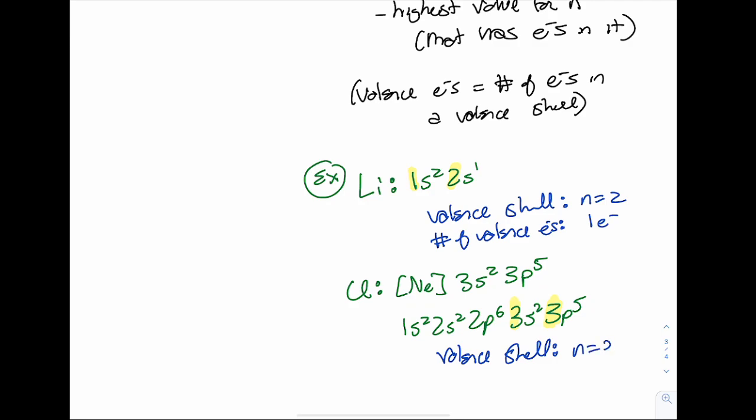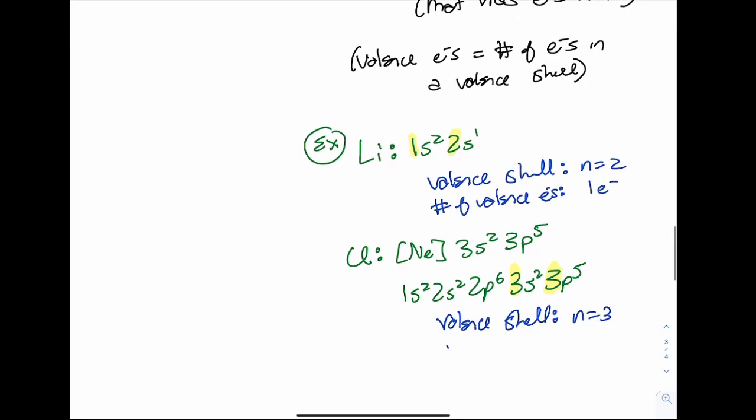is shell 3. And then the number of valence electrons, be careful for this. How many valence electrons do I have? Yeah, if you said 7, good. Right? It's the number of electrons in my third shell. I'm not differentiating between subshells here.